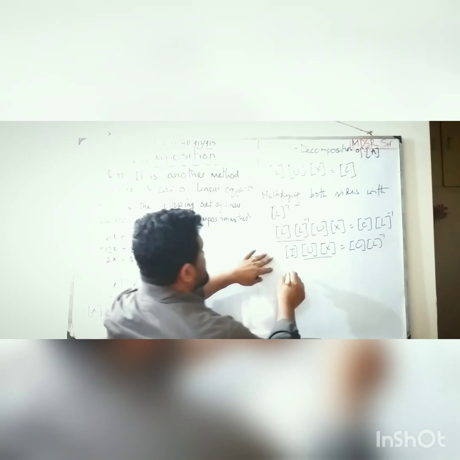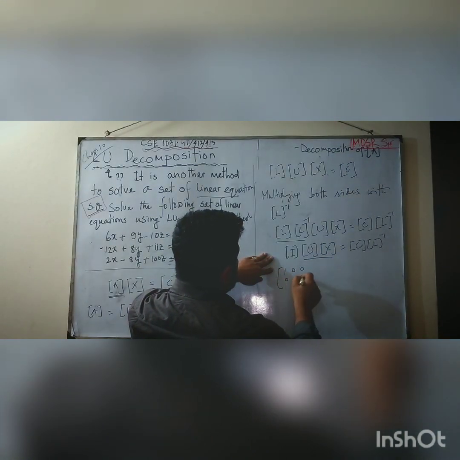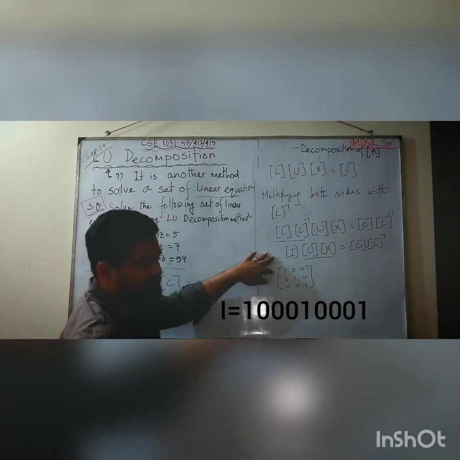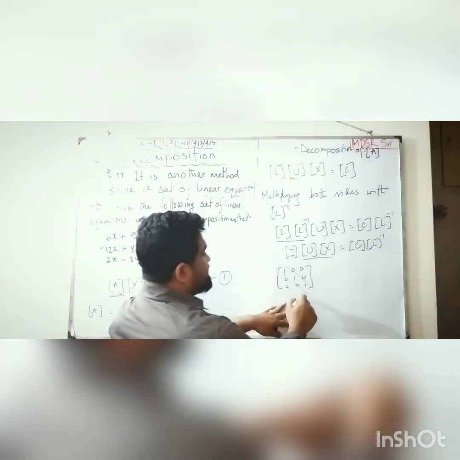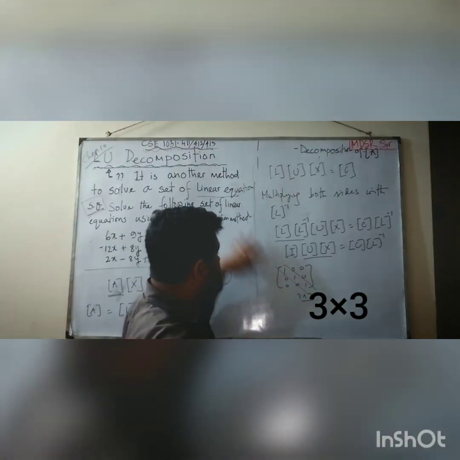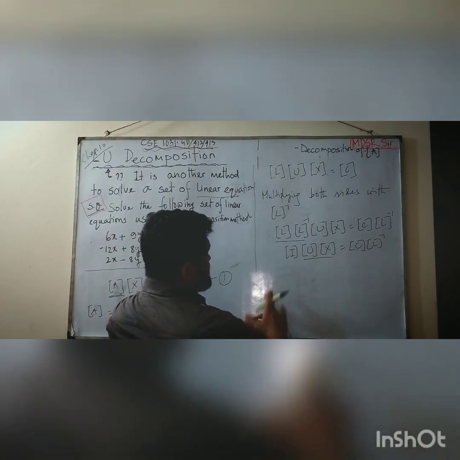I is nothing but the matrix 1 0 0, 0 1 0, 0 0 1, because all the diagonal elements are 1 for 3 by 3. Alright? So the identity matrix is just like that. I'm pretty sure all of you know about this.